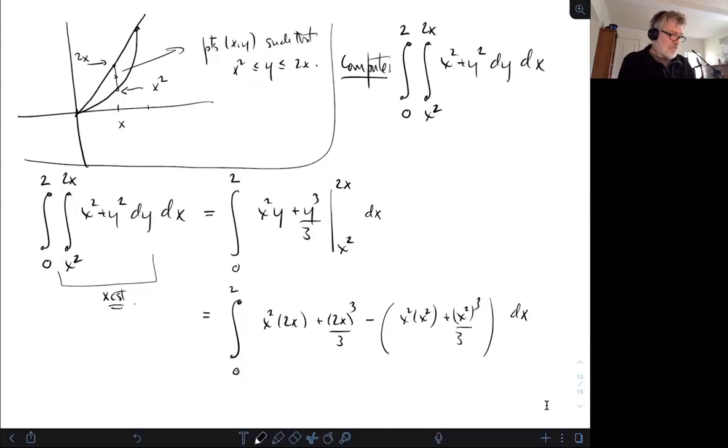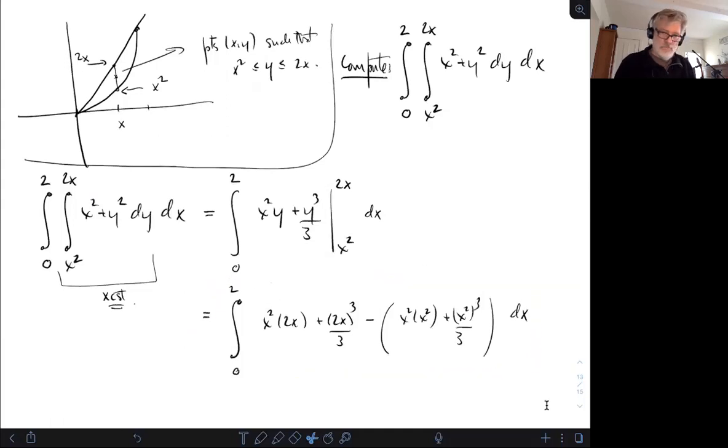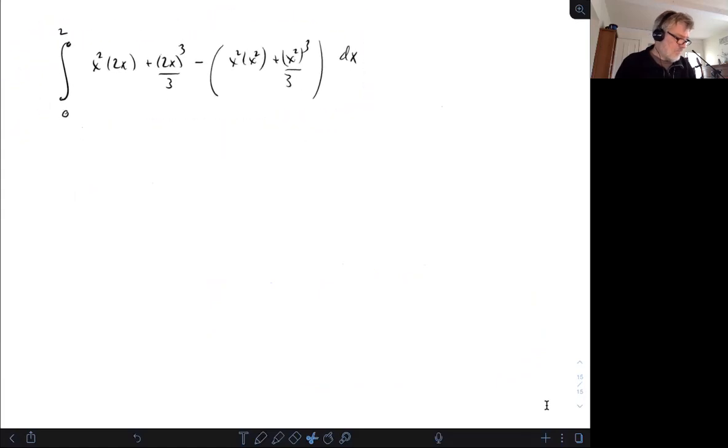Now, of course, I could simplify what I have here. I'll play a little bit with it to make my life easier. Okay. So this is the integral from 0 to 2 of 2x cubed plus 8x cubed over 3 minus x to the 4 minus x to the 6 over 3 dx.